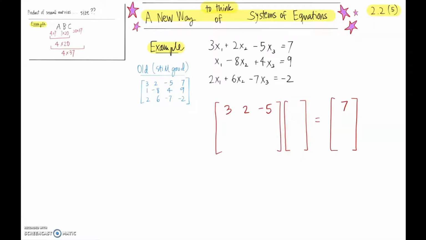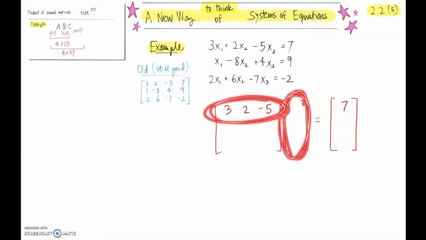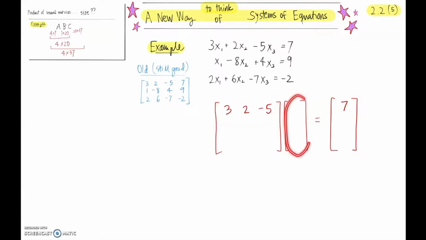Here we are going to have this 3 by 3 matrix multiplied by a 3 by 1 vector, and then we're going to get out a 3 by 1 vector. So with a normal matrix multiplication, we would take this and operate it with this column here. We'd take the corresponding terms and multiply them and then add them all together to get this 7. So what should this column here be?